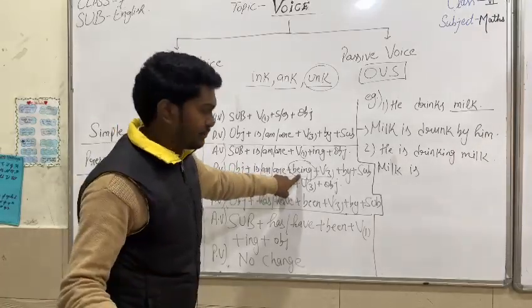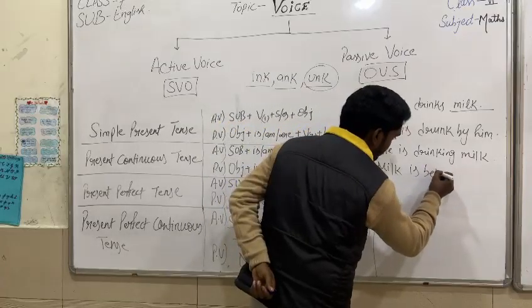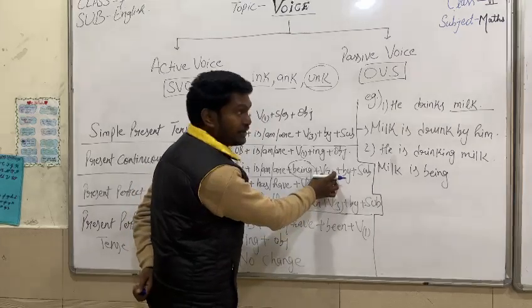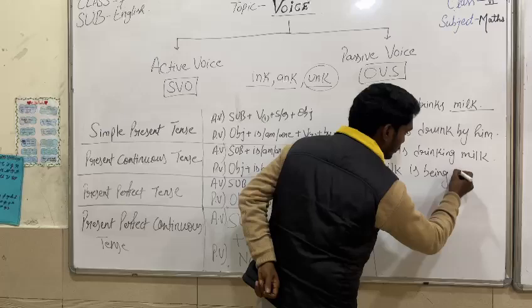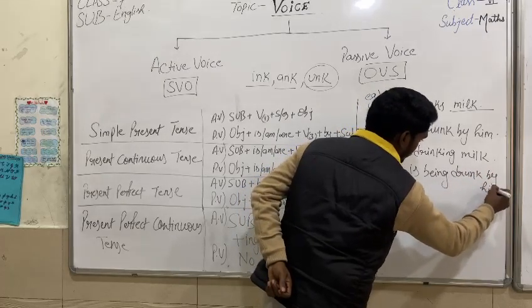Tense remains the same. So, milk is being, third form of the verb, as I have told you earlier, it is drunk, drunk. Milk is being drunk by him.